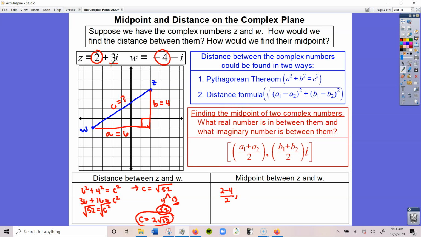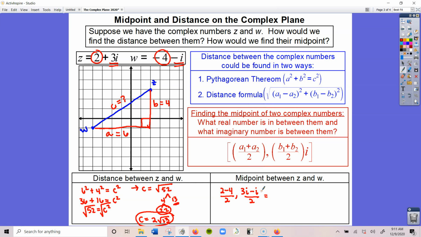And then we take the imaginary parts, 3i minus i, we add them together. 3i plus negative i is the same as 3i minus i, and then divide by 2. And now I put commas here just to indicate that I am doing the real part and then the imaginary part, but the midpoint is always a complex number.